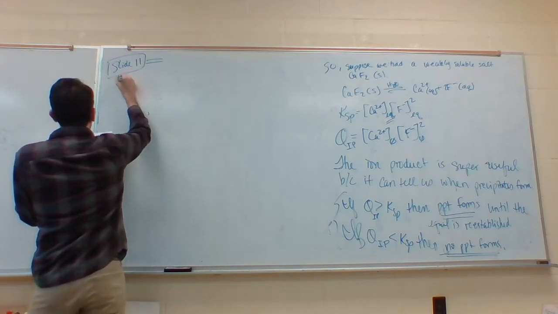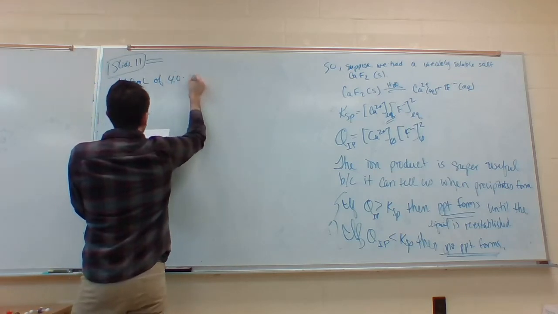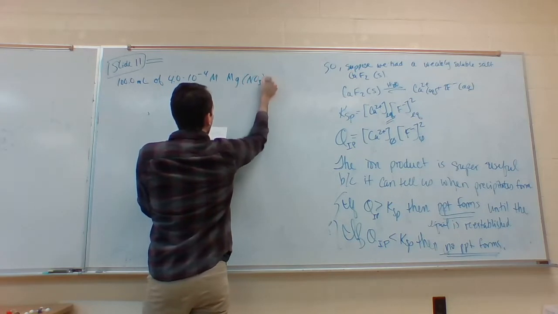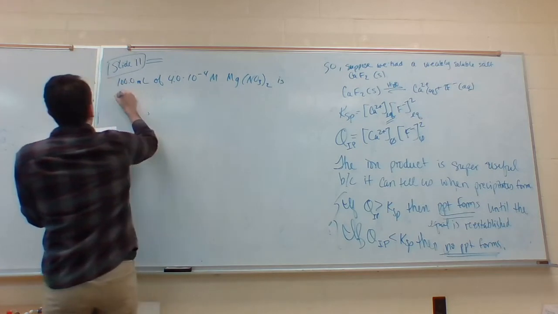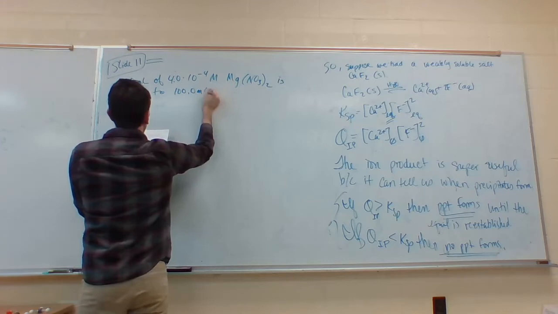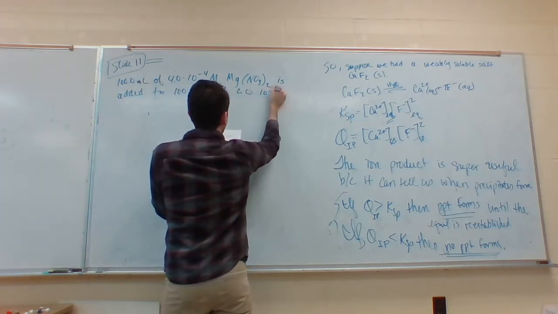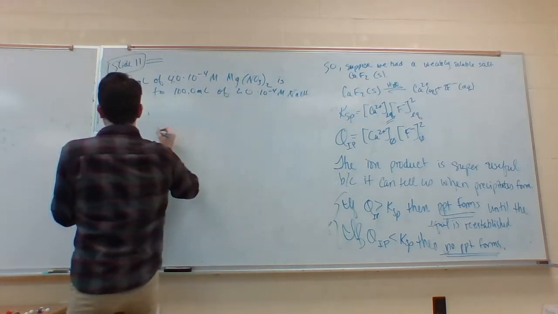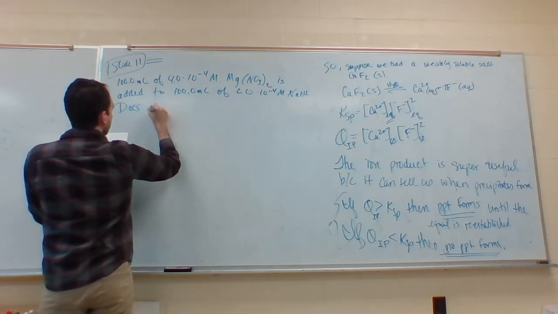All right, so if we take 100 milliliters of 4.0 times 10 to the negative 4th molar magnesium nitrate, and we add that to 100 milliliters of 2.0 times 10 to the negative 4th molar sodium hydroxide, does a precipitate form?